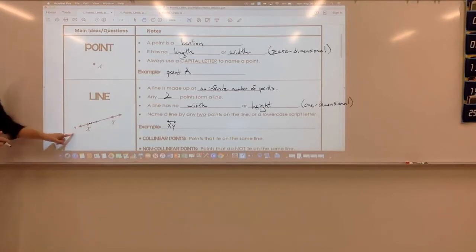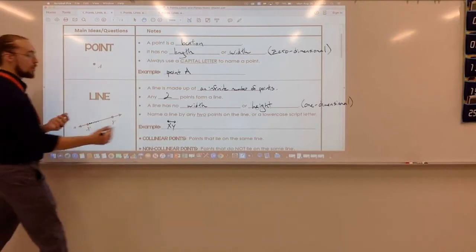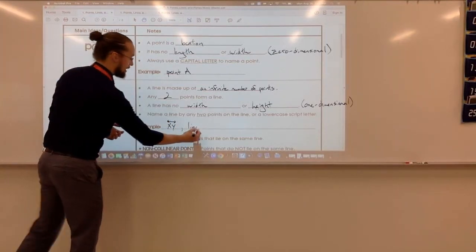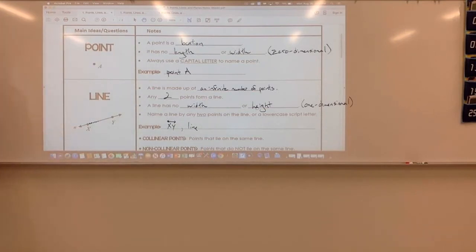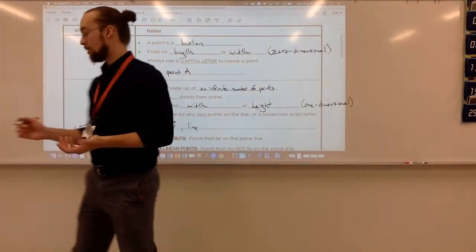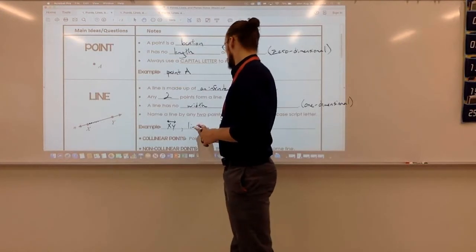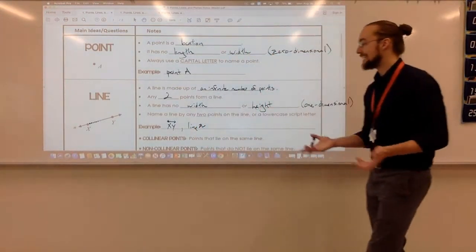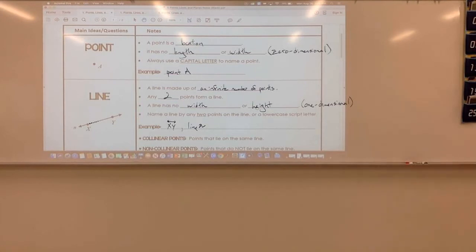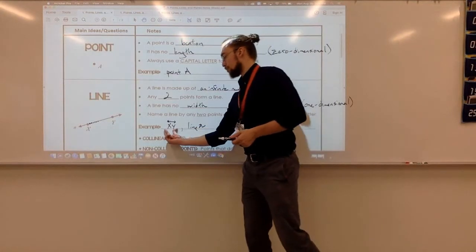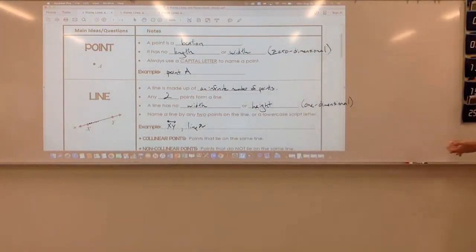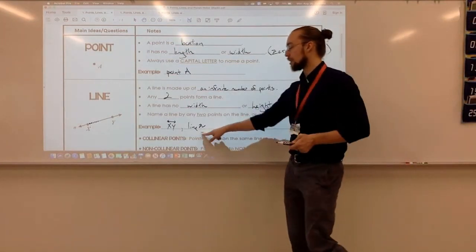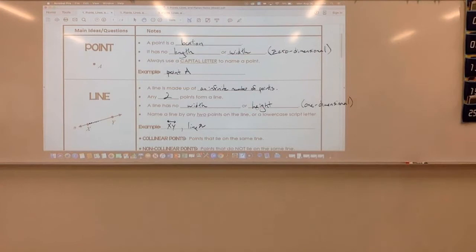If we see a lowercase script letter, we could also call this line and then whatever that lowercase script letter is. In this case, it's an N. So line N. The more traditional way is this first one, using two capital letters to name the line. But sometimes you will see lines named like this, line, and then a lowercase script letter.